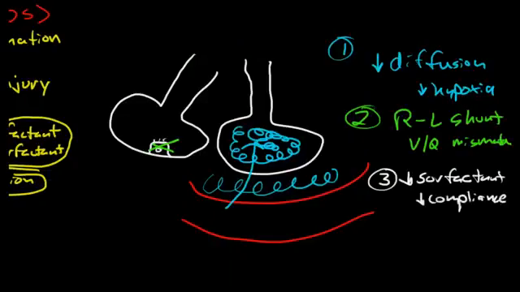And then a late effect that occurs over time is fibrosis. Remember, one of the last steps of the inflammatory process is the deposition of fibrin within the inflamed tissue. So we're going to get fibrin deposition and permanent thickening and fibrosis of the alveolar capillary membrane.